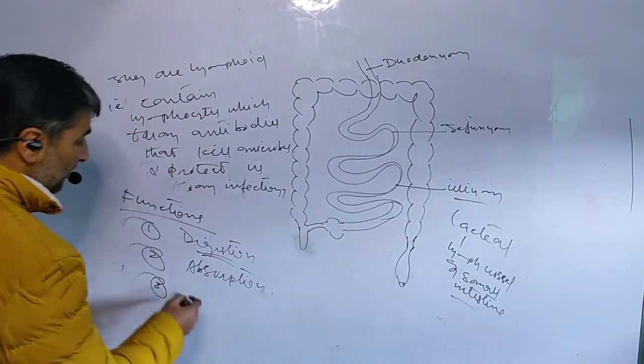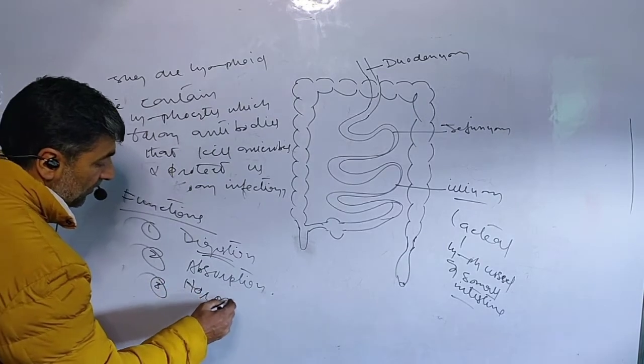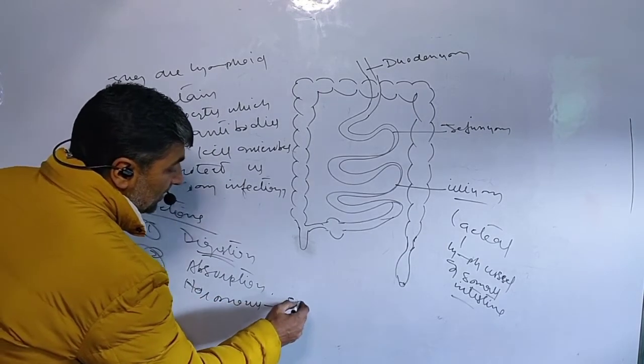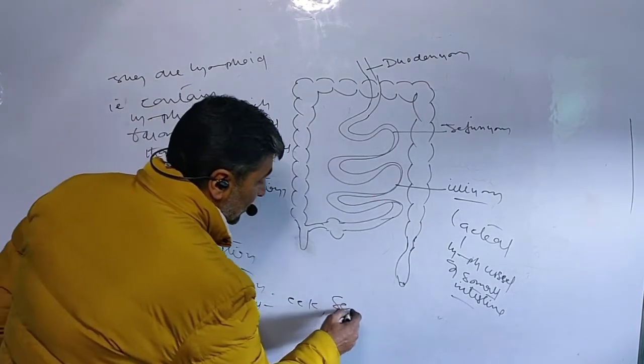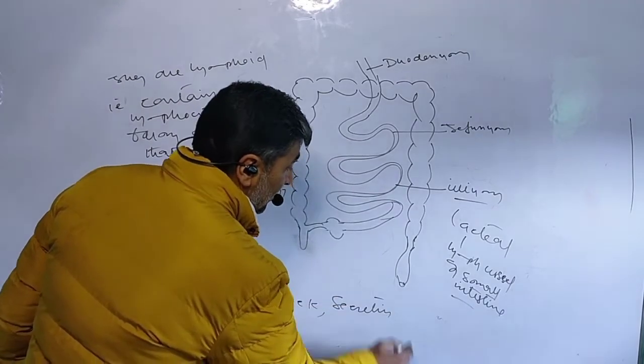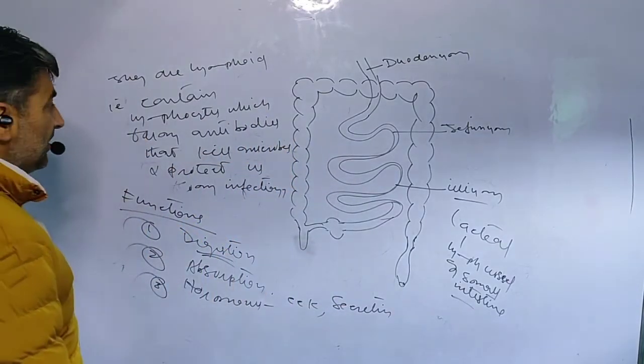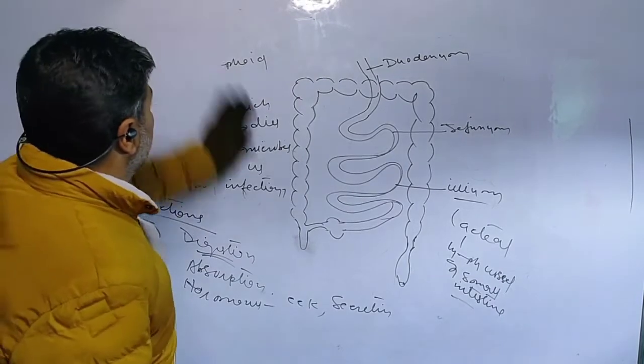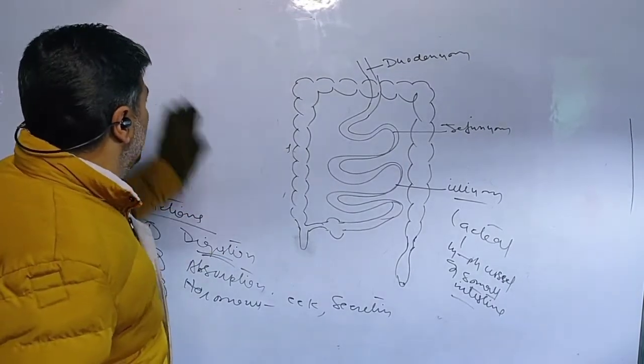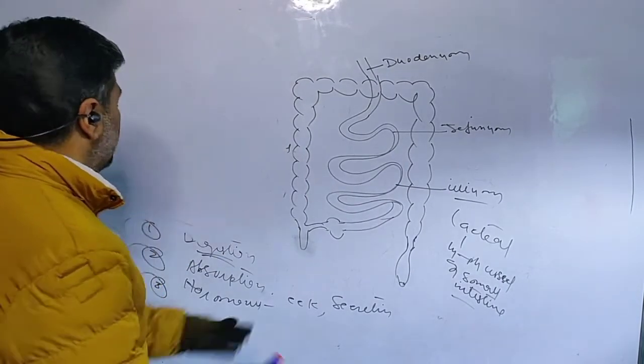Next, they produce some hormones like CCK, secretin, duocrinin, enterocrinin, etc. These are some important hormones which are produced from the small intestine.